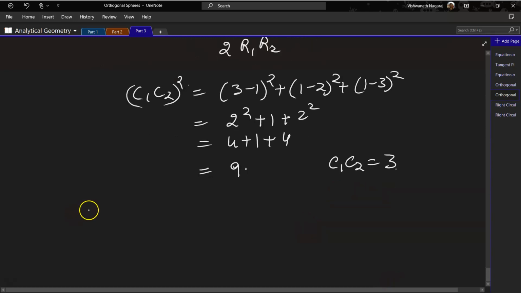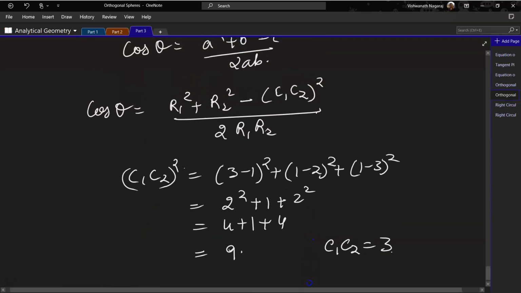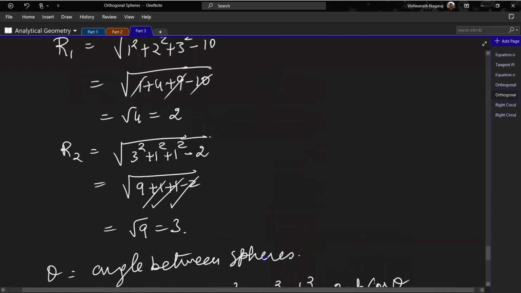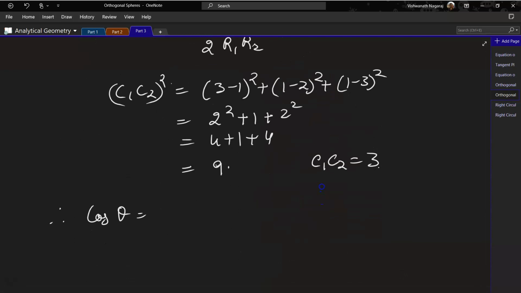So now let's do the substitutions. Therefore, cos theta is equal to R1 square plus R2 square minus C1C2 square. R1 is 2, R2 is 3.